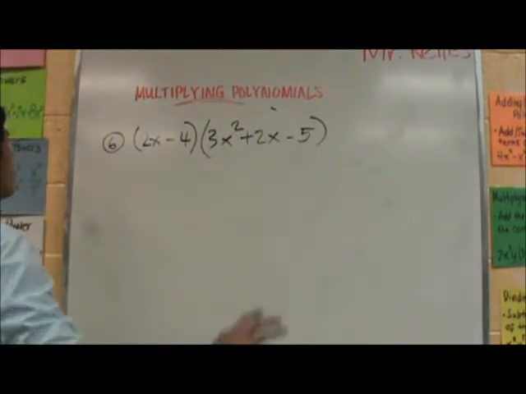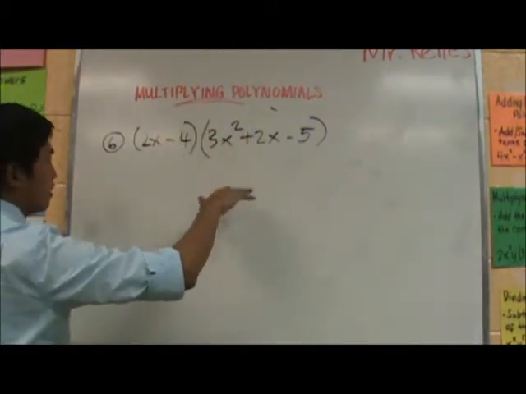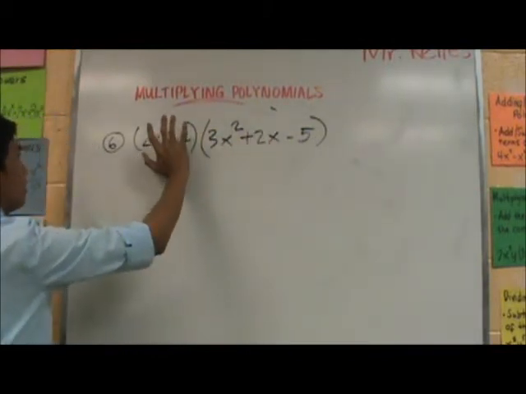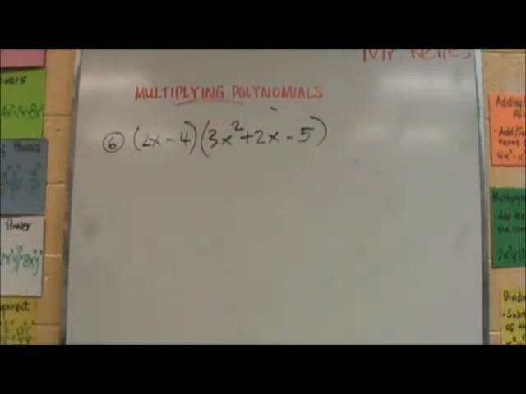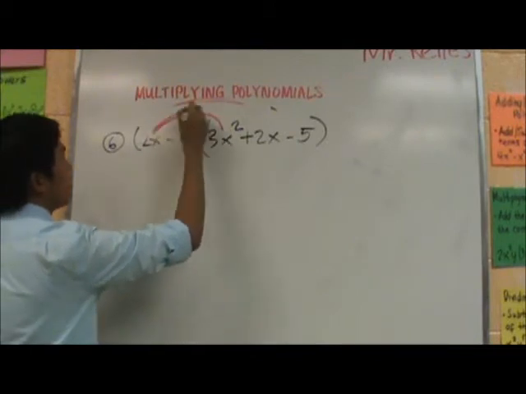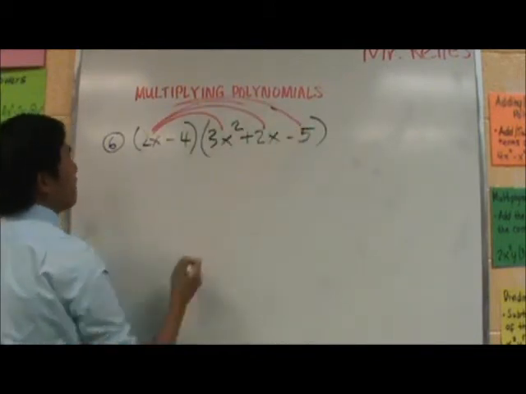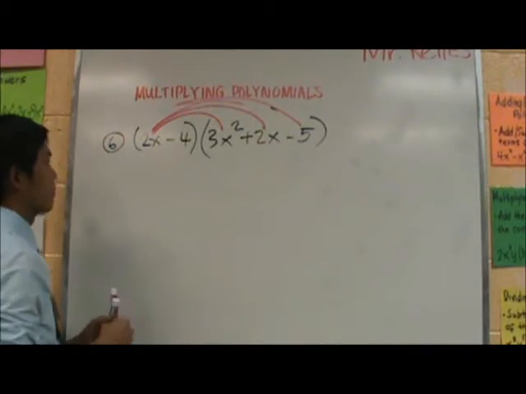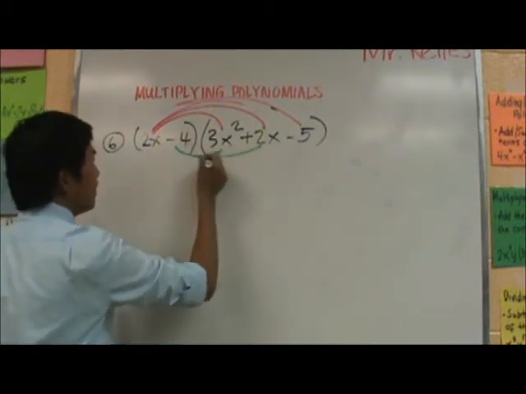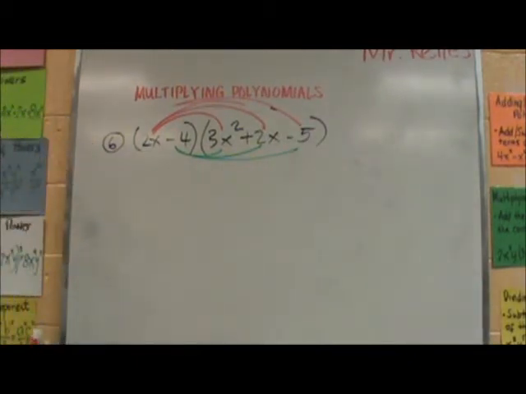Now this time we're looking for the product of a binomial and a trinomial. That means you have to do it this way. This multiplied to that, this multiplied to that, this multiplied to that. Negative 4 multiplied to this, that, and this. Again, follow the steps and you will be able to get the product of this.